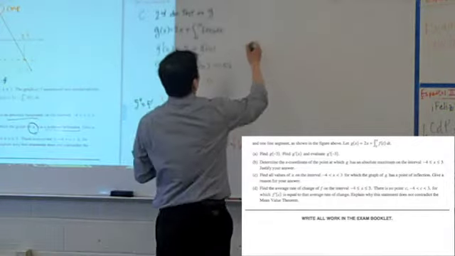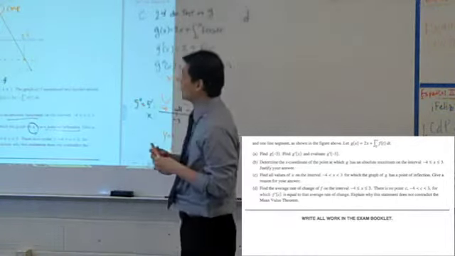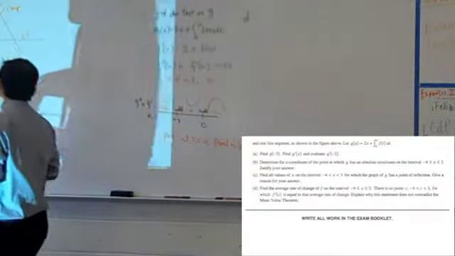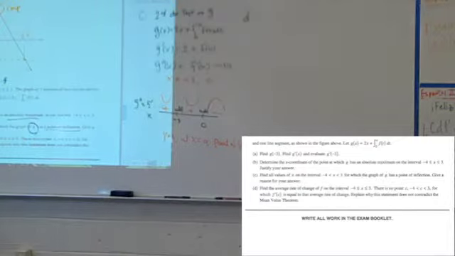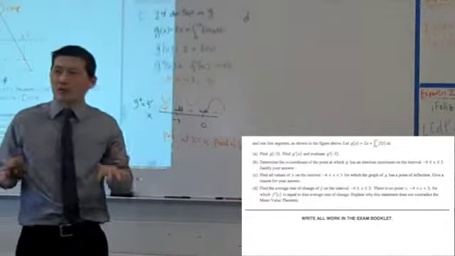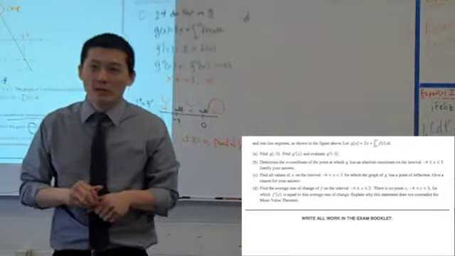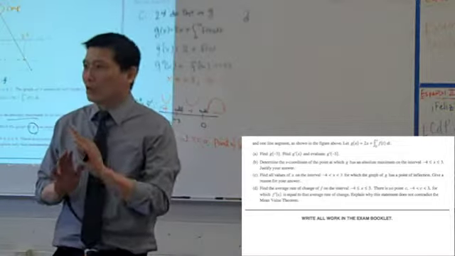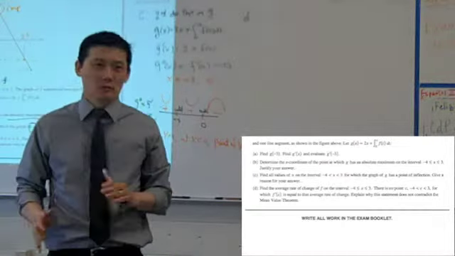Part D. So I'm going to just go ahead and write it down here. Part D says find the average rate of change. Average rate of change. Now, throughout this entire test, this is something that I've noticed that students just keep getting confused.